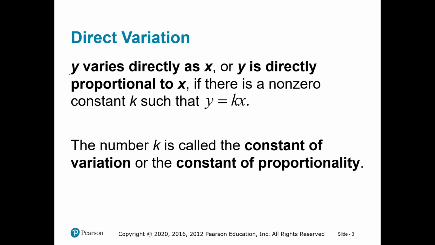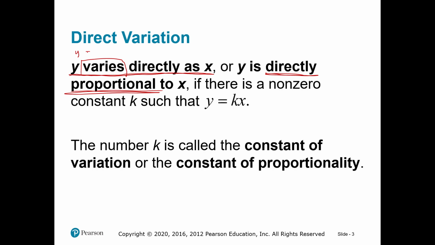Notice how this reads. Y varies directly as X. Or they could say directly proportional to X. Either way, here's how I want you to understand it. As soon as you start reading it, it says Y. We write Y. It says varies.